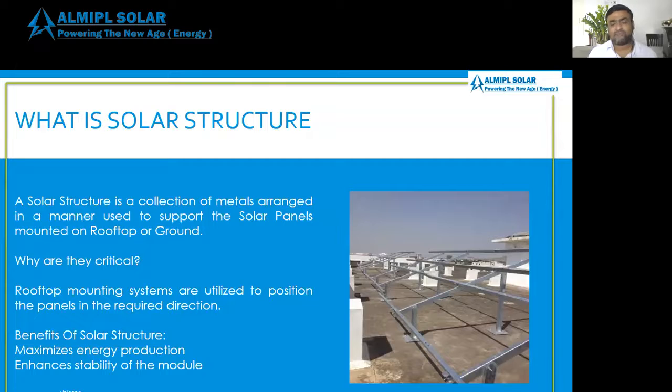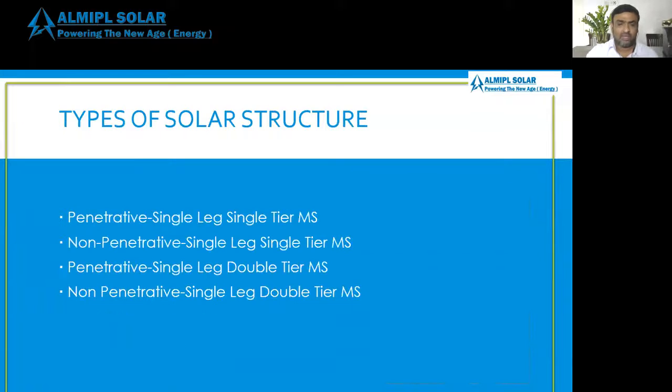These three types of material are regularly used in designing the structure. Why are they critical? Rooftop mounting systems are utilized to position the panels in the required direction. Benefits of solar structure: maximize energy production, enhancing stability of the module.